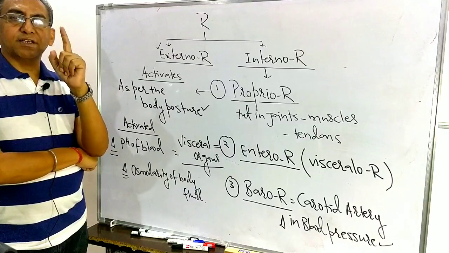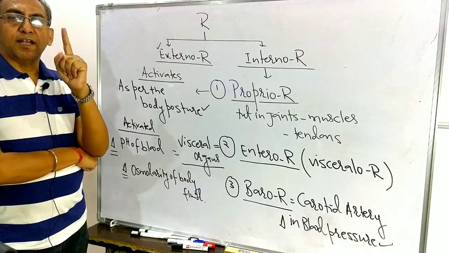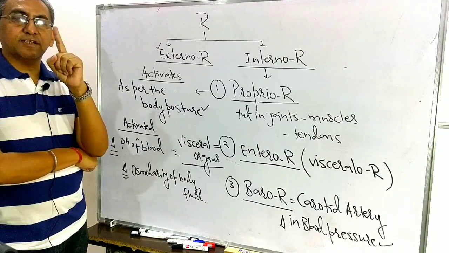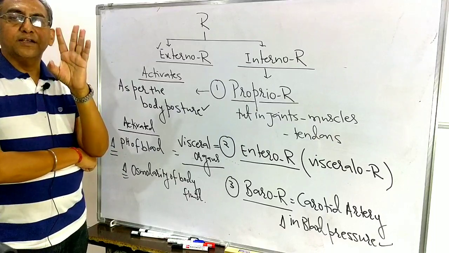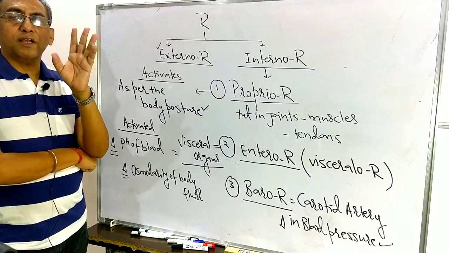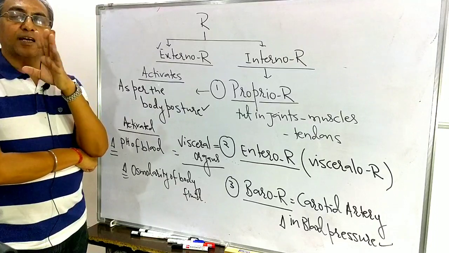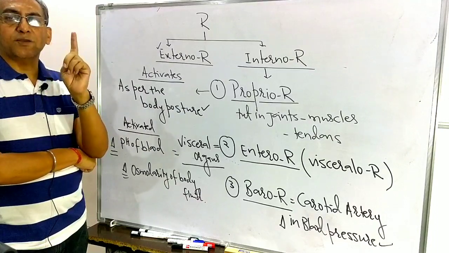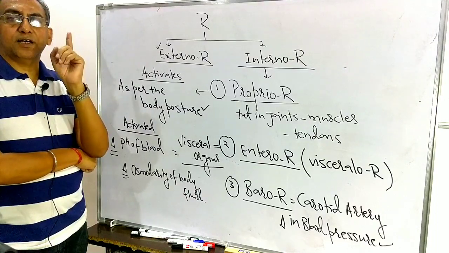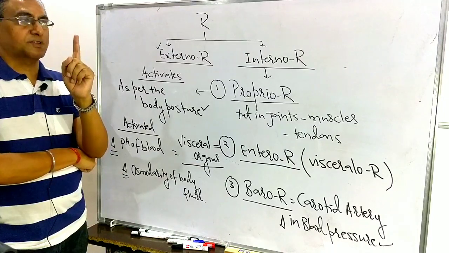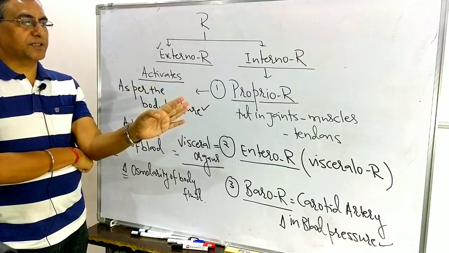For light touch, present in the epidermis, fingertips and sole, they are known as tactile receptors, and there are two types of tactile receptors, Merkel's disc and Meissner's corpuscles here. So in this way we have completed all.